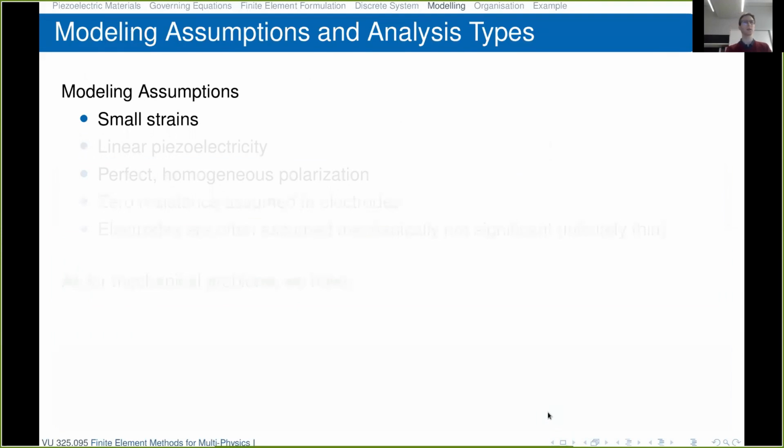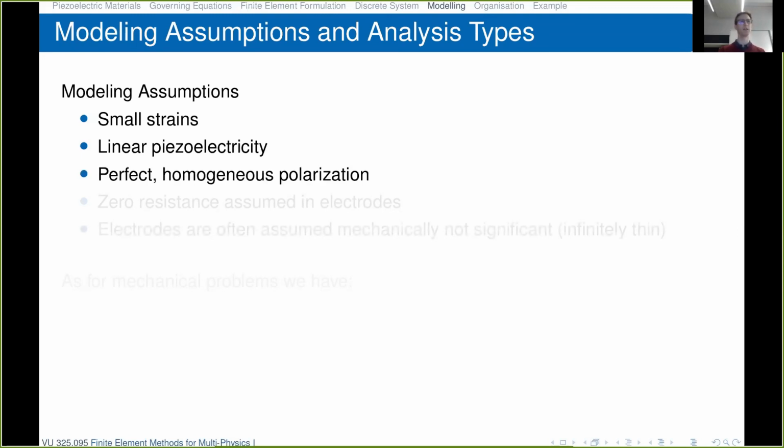Okay, so what are typical modeling assumptions and analysis types we can use to analyze piezoelectric systems? The first assumption we take for the sake of simplicity is small strains in mechanics. We also assume linear piezoelectricity, so we do not consider non-linear piezoelectric material. We also usually assume a perfect homogeneous polarization, so we assume the same coupling tensor everywhere in the polarized material.